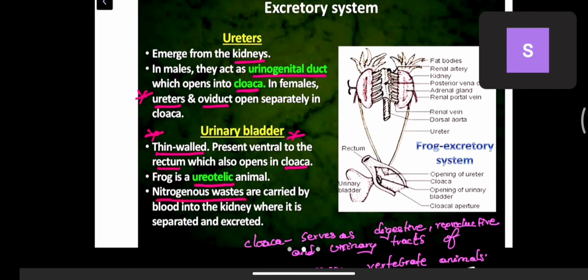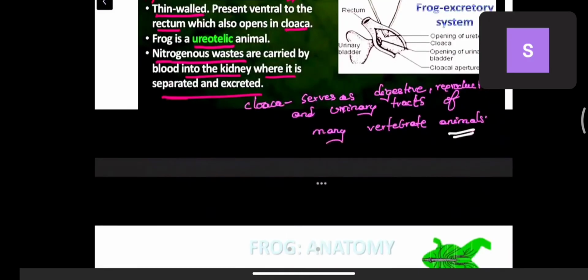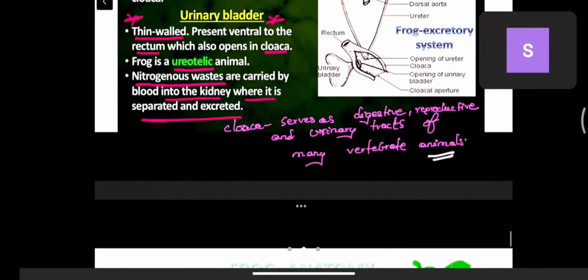Nitrogenous waste is carried by blood into the kidney, where it is separated and excreted. Blood carries this nitrogenous waste into the kidney, and the kidney releases it through other parts like ureters as well as urinary bladder, which are opening into the cloaca. Clear?